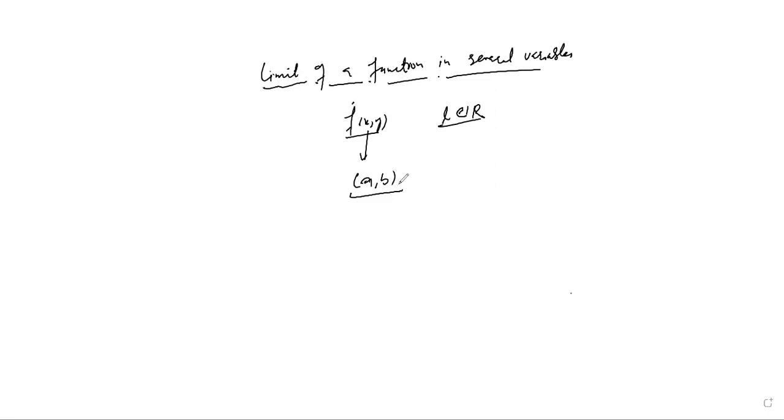So for this, we need to take any epsilon. It's up to us, we can choose it. This epsilon depends on your choice. But whenever you select the epsilon, after that you will get delta.